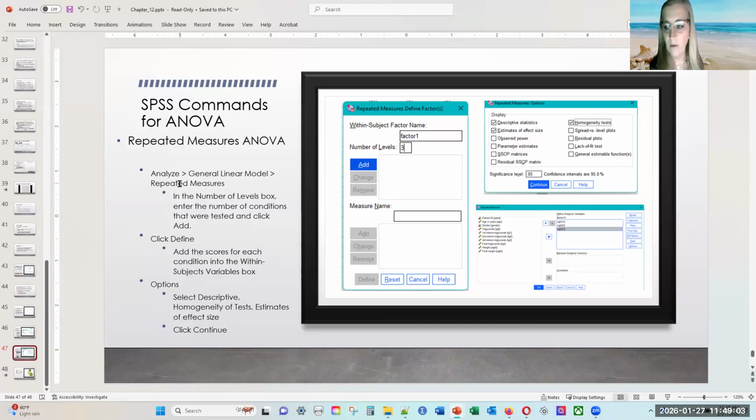If you had an ANOVA with 3 conditions and a different group for each condition, that would be an independent measures ANOVA, which is what we've been looking at in chapter 12. But what if you had 3 conditions and one group that experienced all 3 conditions? Then you have a repeated measures scenario.